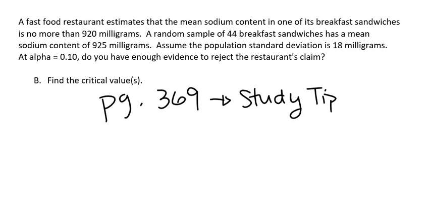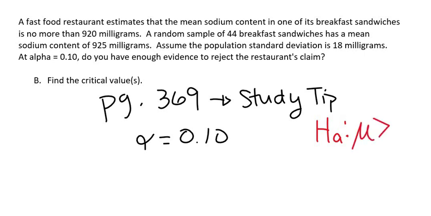And they have listed out several critical values that are commonly used. So we're looking at alpha equals 0.10, and notice that this is going to be a one-tailed test. So let's figure out, is it a right-tailed test or is it a left-tailed test? To figure that out, let's look again at our alternative hypothesis. The alternative hypothesis was that mu is bigger than 920.